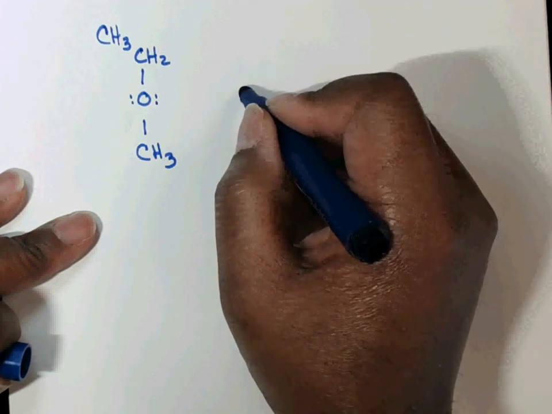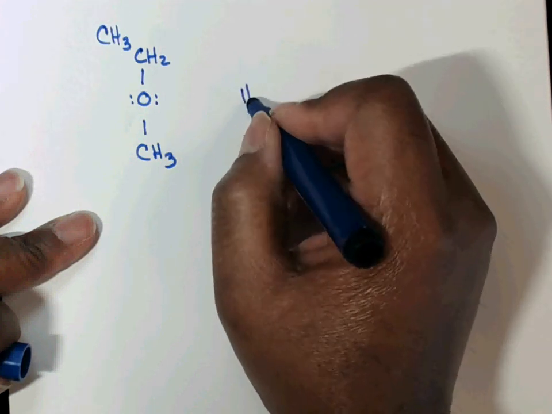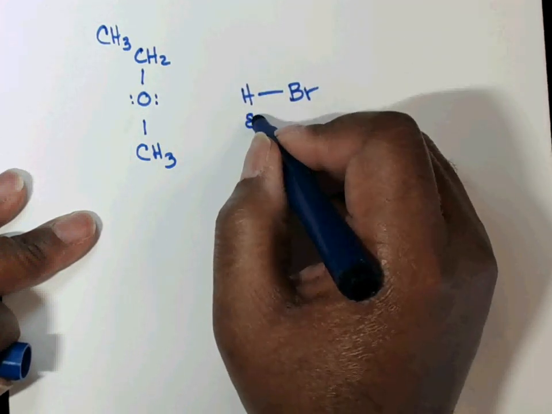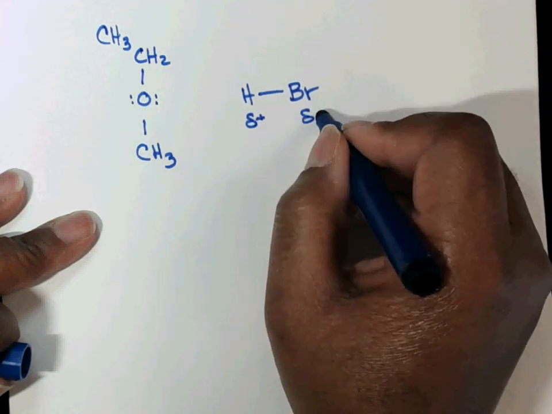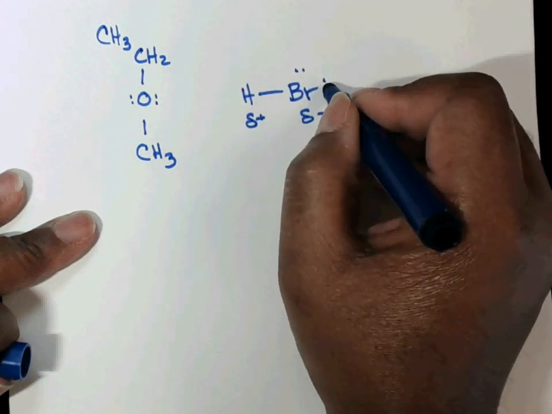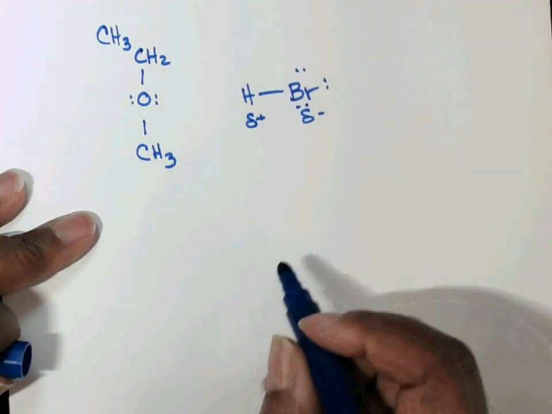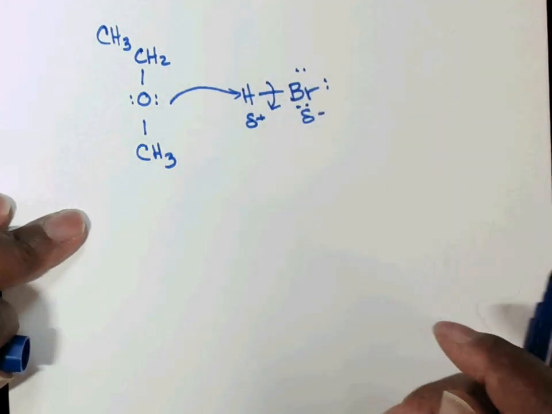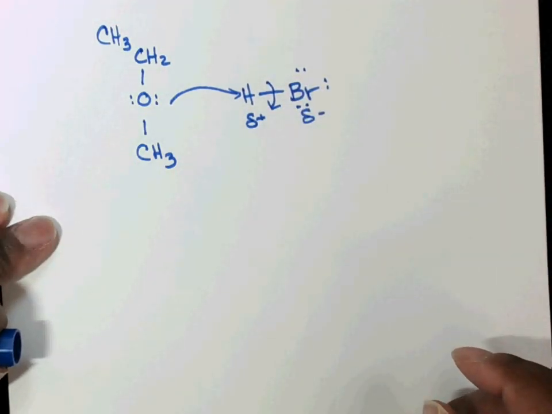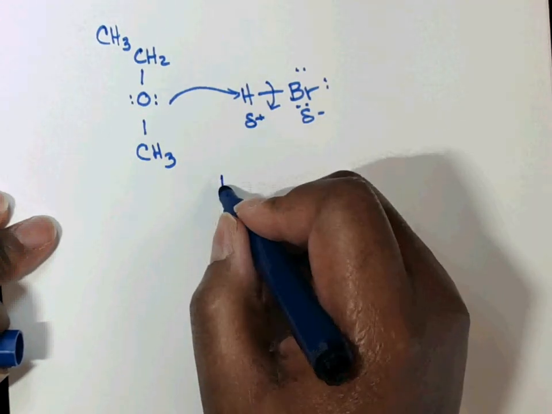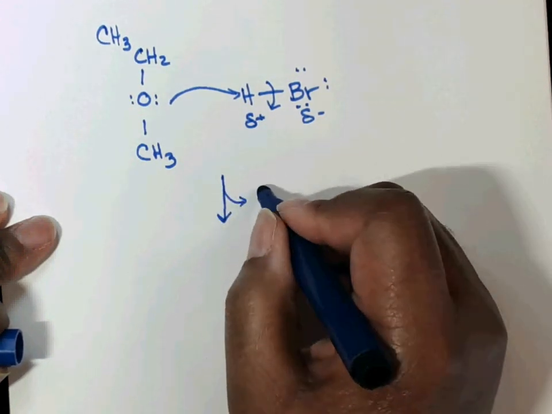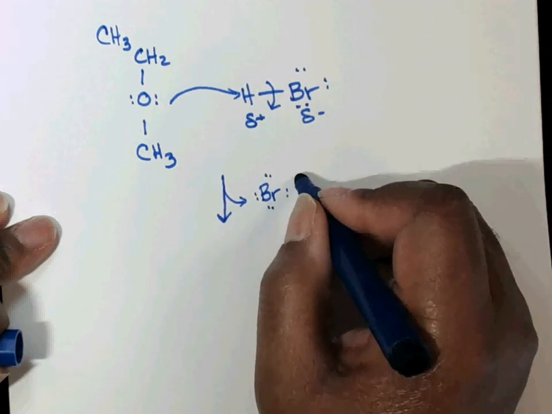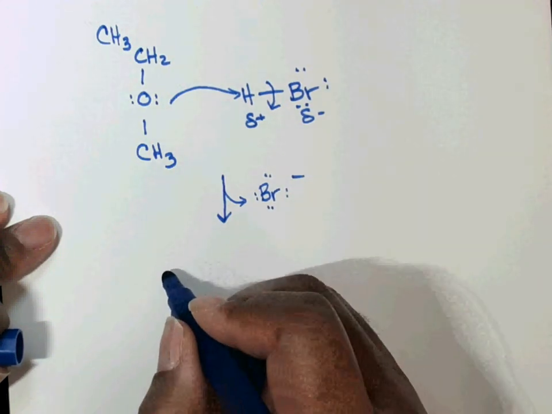Now, it probably comes as no great surprise that the oxygen of the ether will be attracted to the proton of the hydrogen halide. And I'll get rid of the bromine.